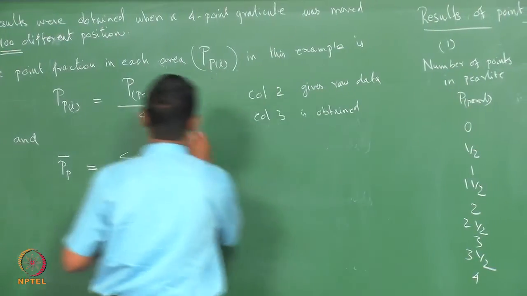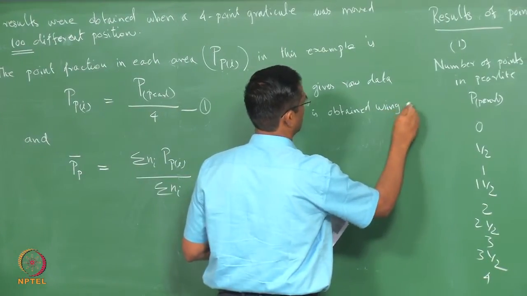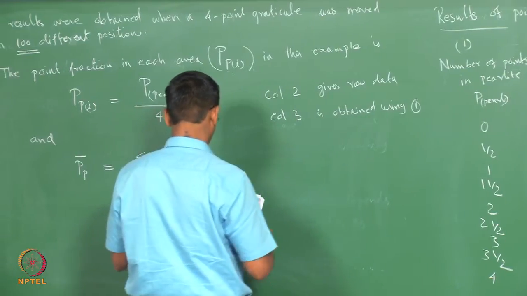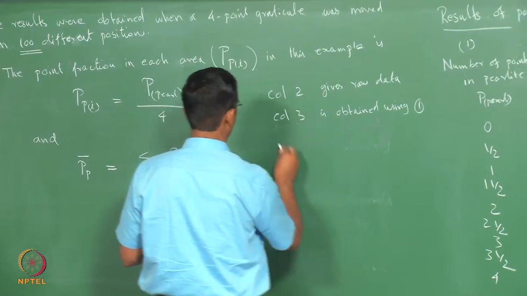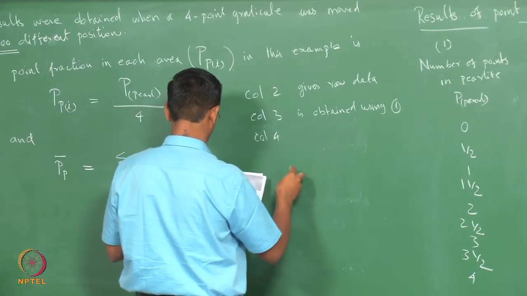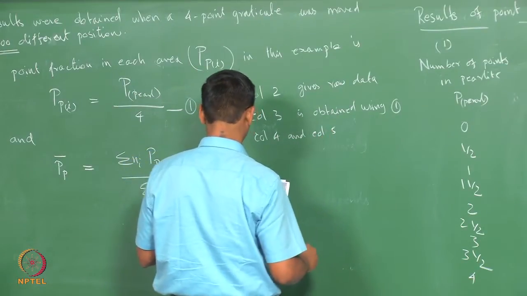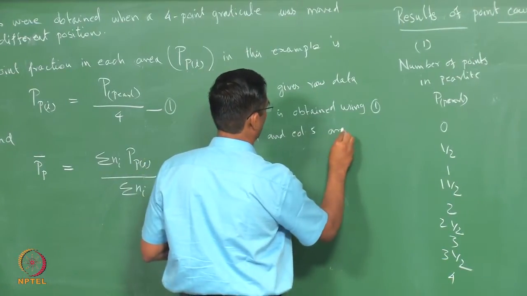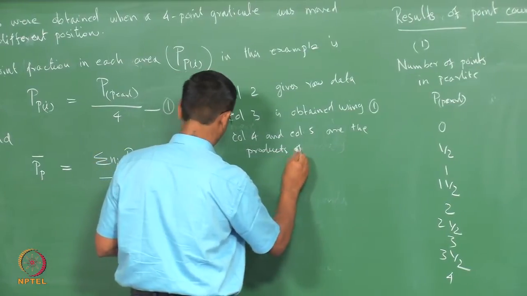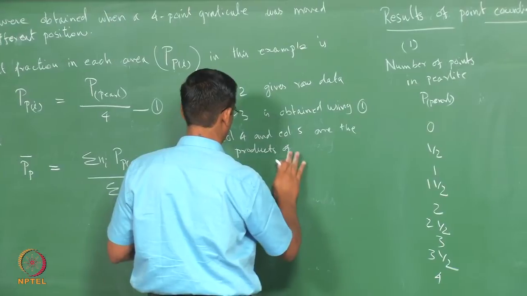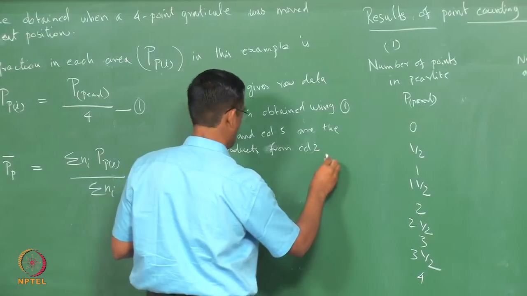using this formula, for example, equation 1. Columns 4 and 5 are the products from column 2 and column 3.